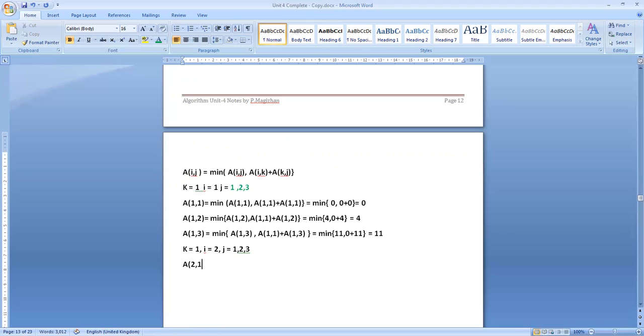So a of 2 comma 1 is equal to minimum of a of i comma j, 2 comma 1, plus a of k comma j, with k equal to 1 and j equal to 1.